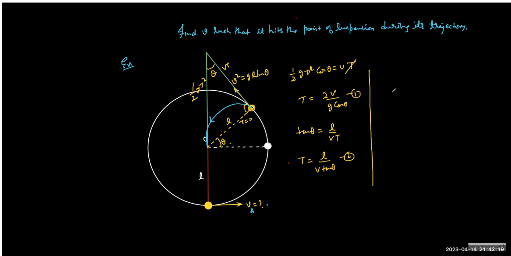If you compare these two, you can see that. So that will be v square equals g L cos theta.